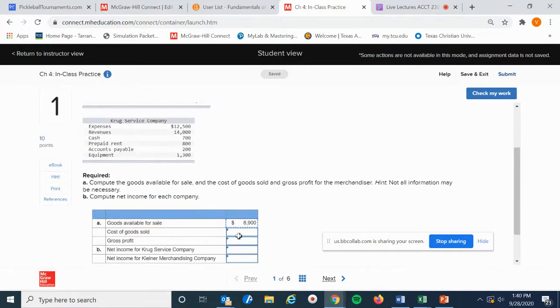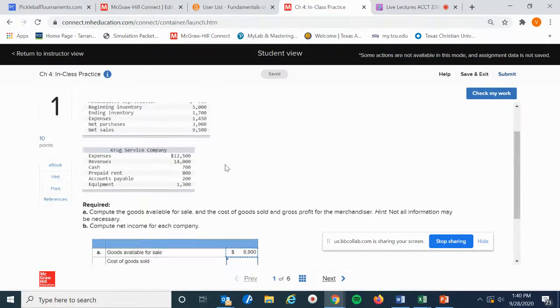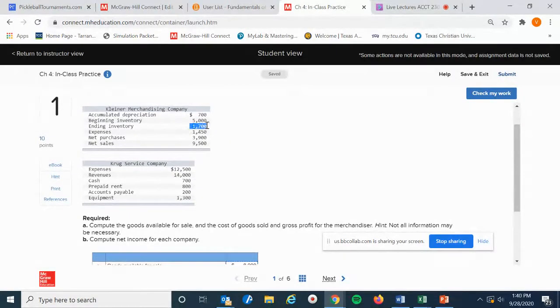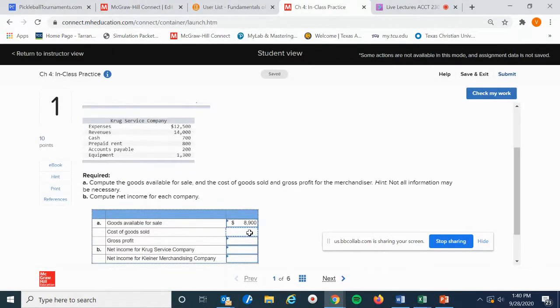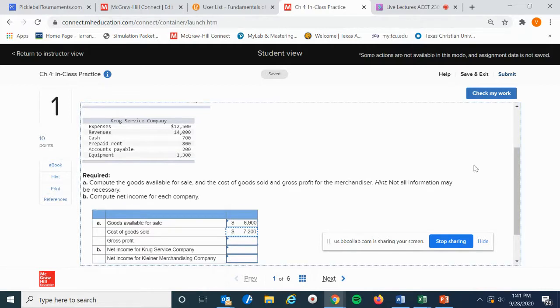If everything that the company had available for sale is $8,900 and they have $1,700 left, then if I take $8,900 and subtract the $1,700 in their ending balance, I can tell you how much they sold. They sold $7,200, and I'm going to call that cost of goods sold.